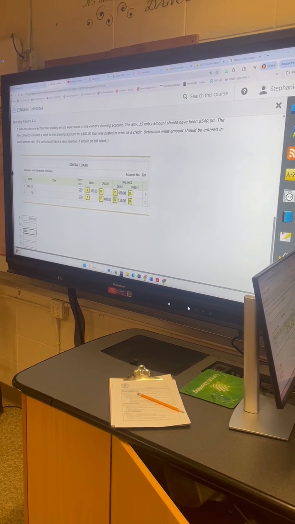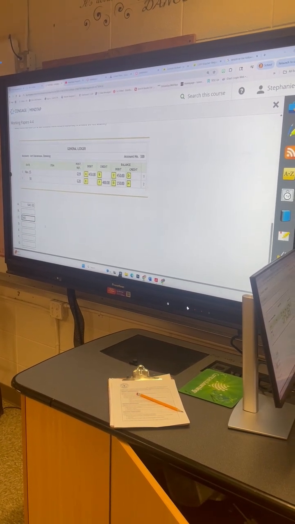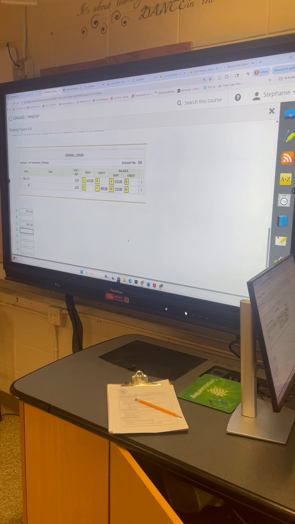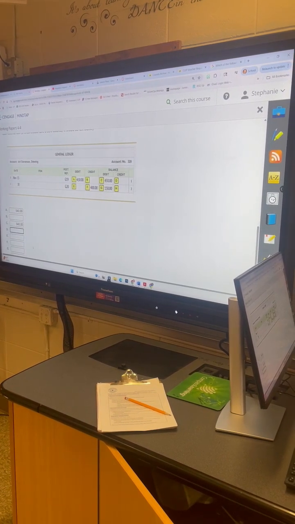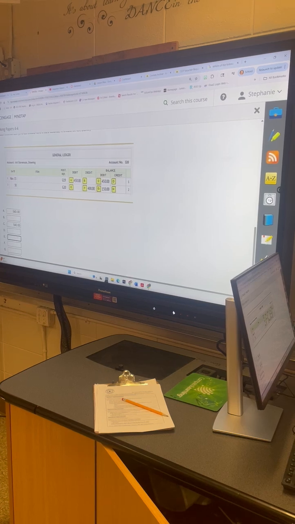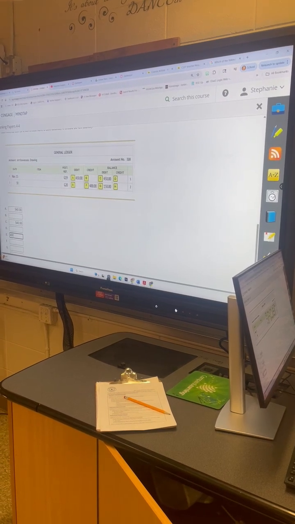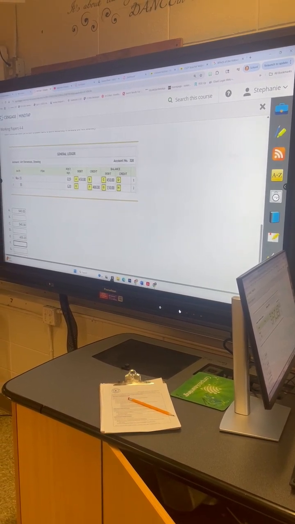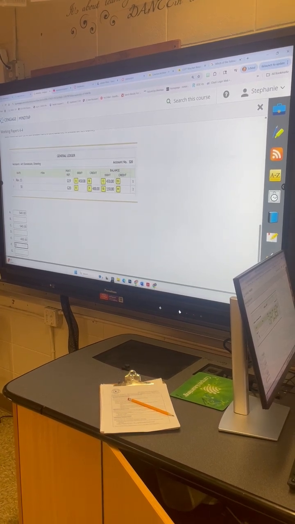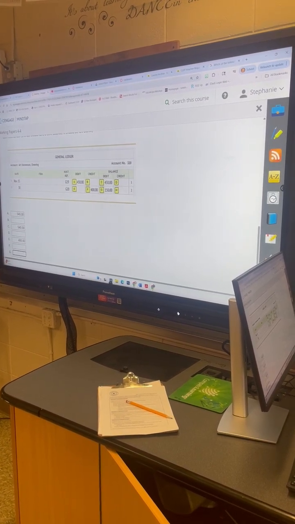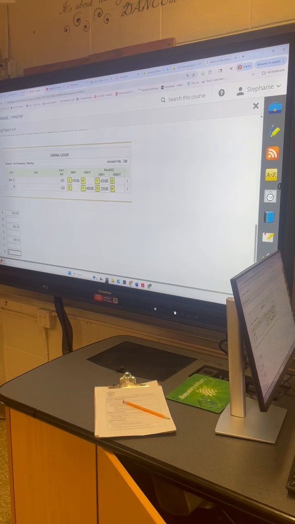Good job. It makes sense. All right, look at D. What should be in D? Blank. Good job. Look at E. What should E be? Should it be 400? Good job. What should F be? Blank. And what would G be? You would add the 2 together, right? So what would G be? 940.